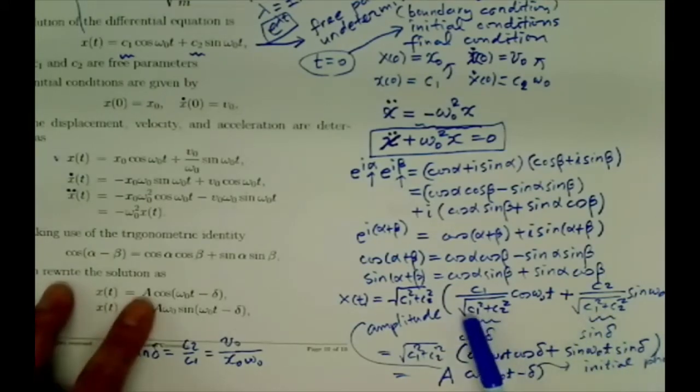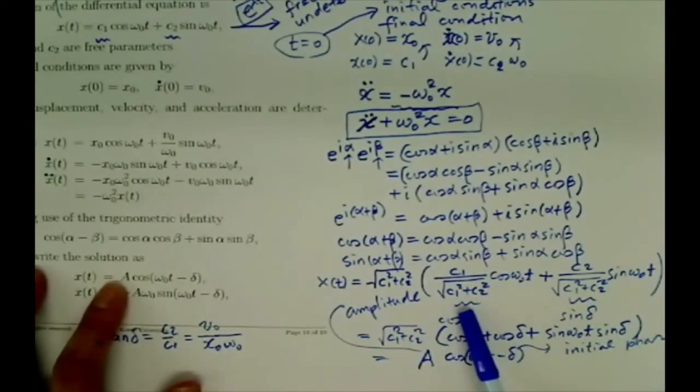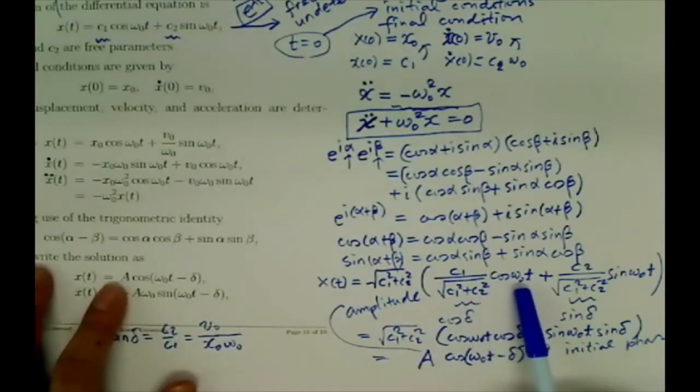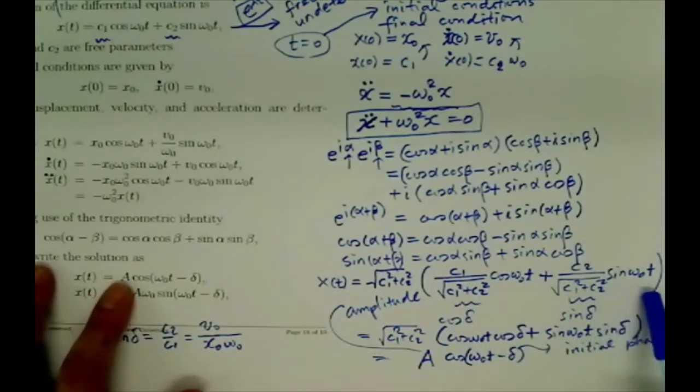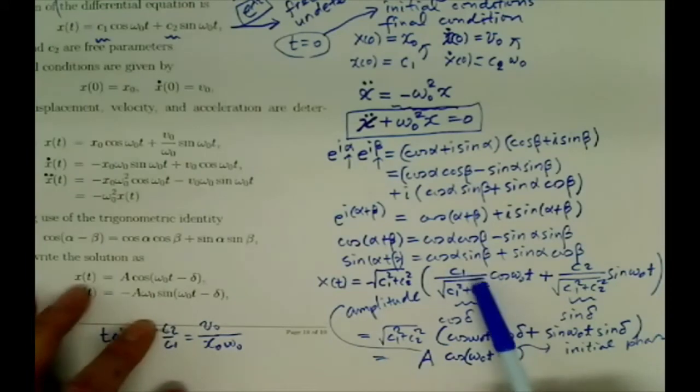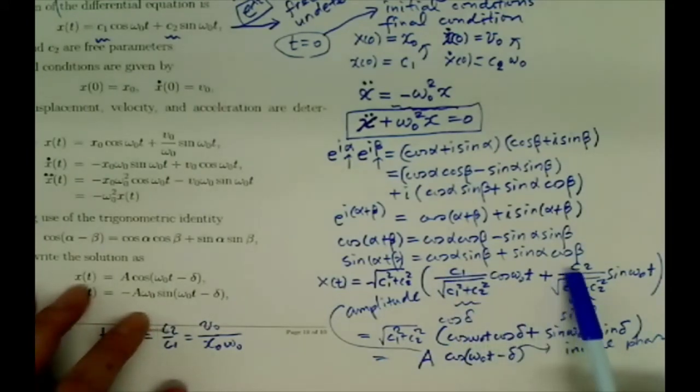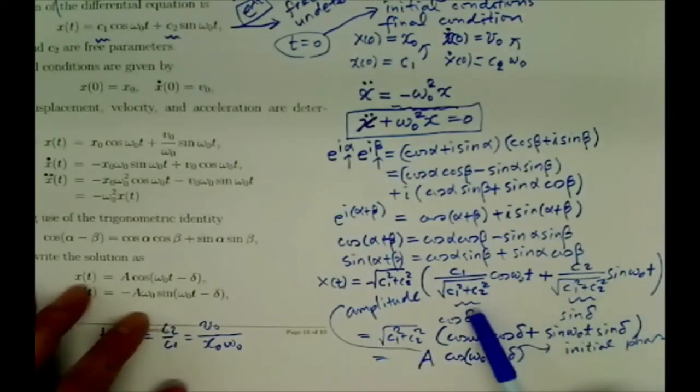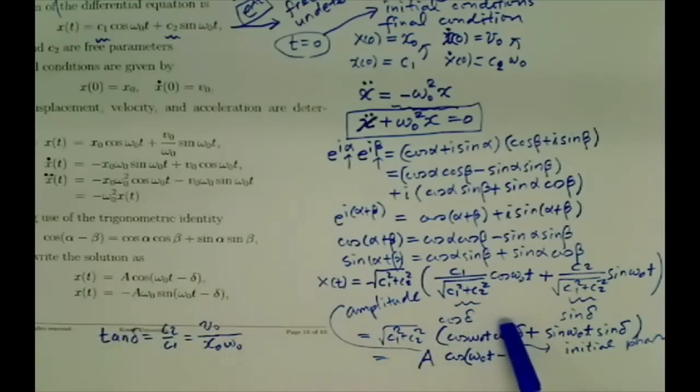We notice that this factor in front of cosine and that factor in front of sine, when squared and summed, is always 1. Therefore, we can make a parametrization. The C1 over square root and C2 over square root can be written in terms of cosine theta and sine theta. You know, sine squared and cosine squared sum to always 1.